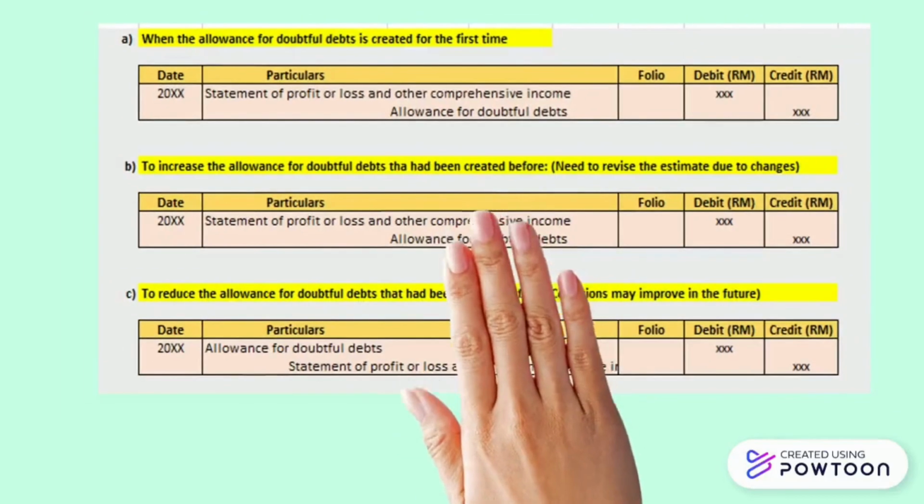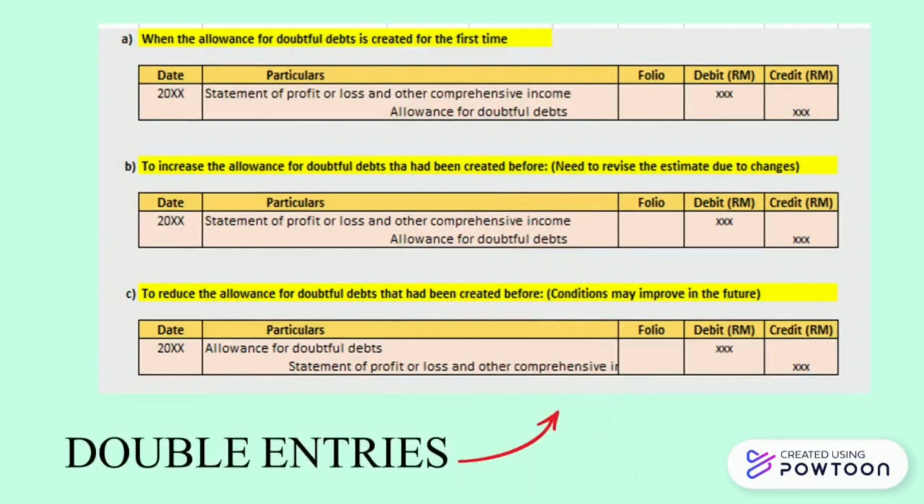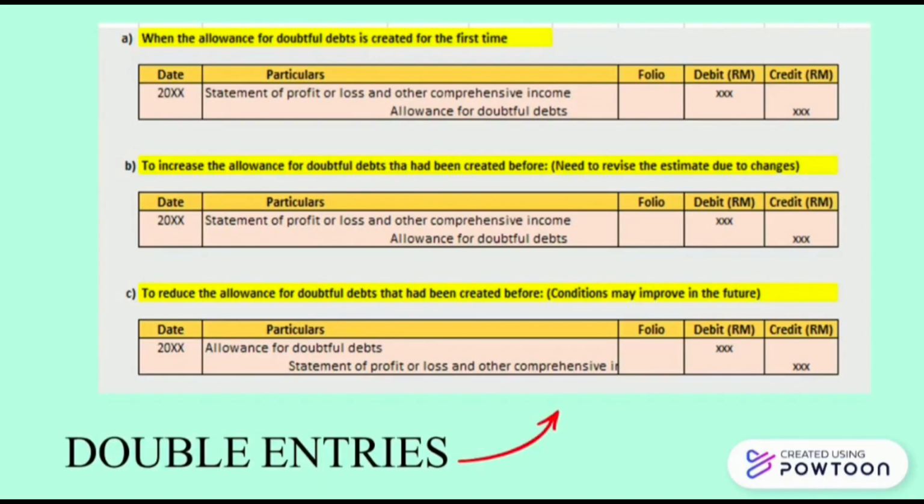These are the double entries for recording allowance for doubtful debt. There are three situations. Situation A is for the first time a business creates provisions for doubtful debt. There are no previous year balances, so we have to debit the statement of profit or loss and other comprehensive income and credit allowance for doubtful debt.